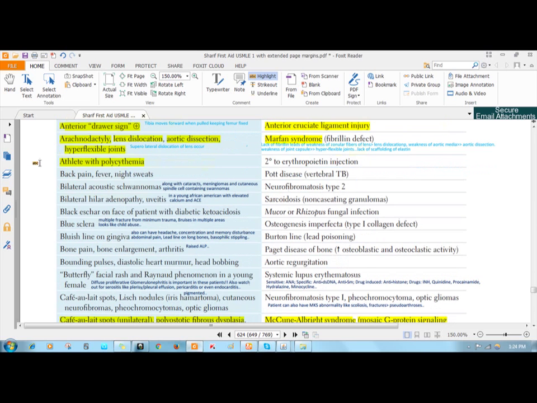Okay. Next, we have secondary polycythemia, an athlete with polycythemia, which occurs due to erythropoietin injection. That's an interesting thing. First of all, your RBCs carry oxygen. If the amount of RBCs is increased, the oxygen carrying capacity of the blood will also be increased.